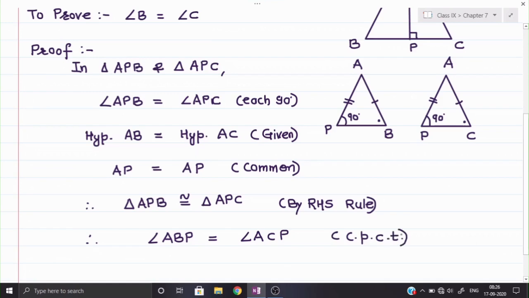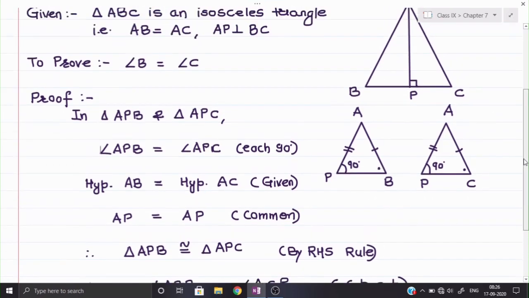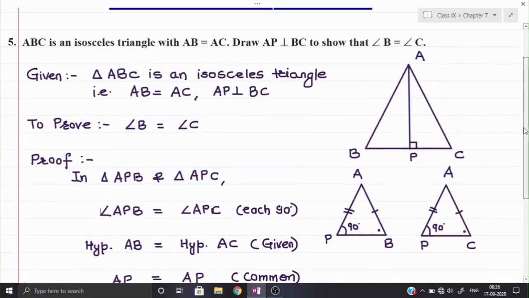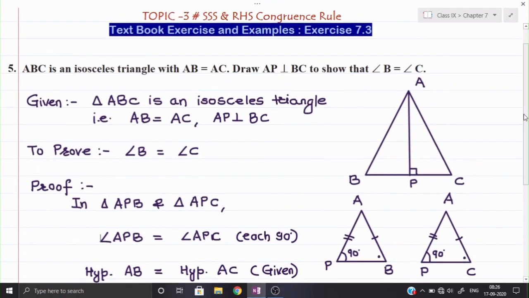Now first of all, see, angle ABP means which angle are we talking about? Now we shall look at the main figure. With the help of the figure, the two triangles we have drawn, we have taken the two angles equal. So angle ABP, you observe, this is our angle ABP, which is actually angle B only. Similarly, look at the angle ACP.